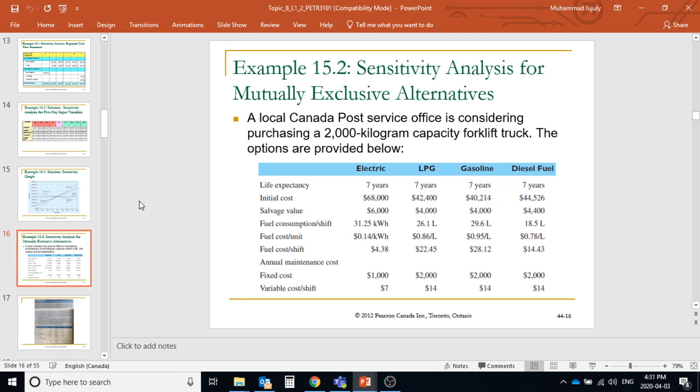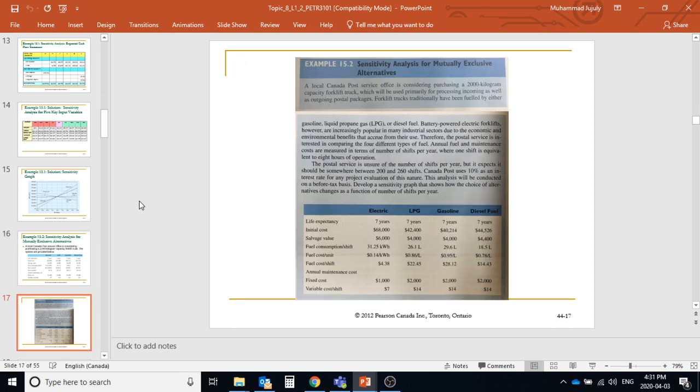Now, what the question says is that the local Canada Post Service office is considering purchasing a 2000 kg capacity forklift truck, which will be used primarily for processing incoming as well as outgoing postal packages. These forklift trucks are traditionally fueled by LPG, but we have some other options: LPG, gasoline, diesel, and electric.